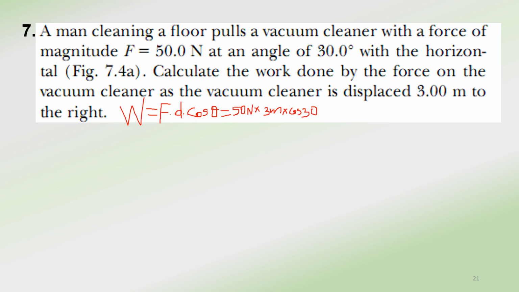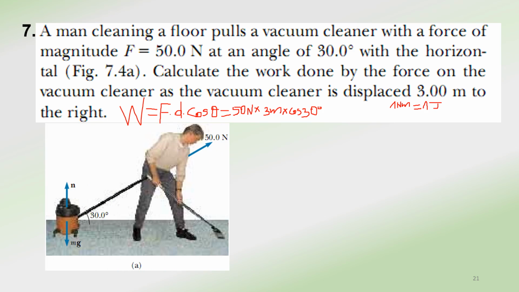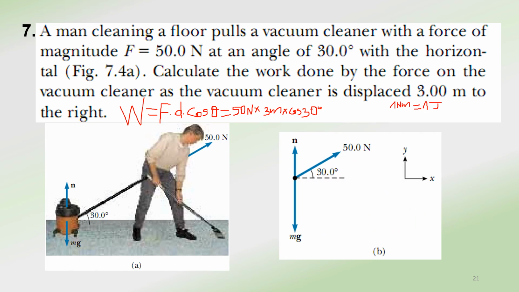And then at this level, every one of you may find the answer, which is in newton meter, and you will change newton meter to joules by taking 1 newton meter to be equal to 1 joule. Then you may calculate this by yourselves. Here is the diagram. And here, this is the free body diagram showing all the forces acting on this body and the direction of the applied force.